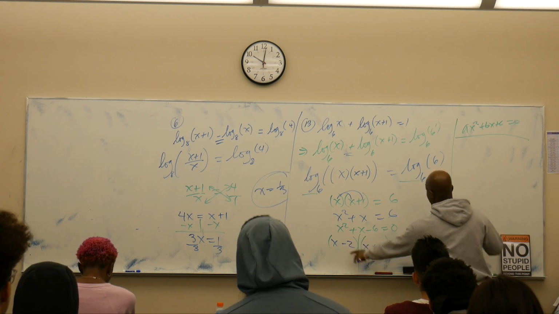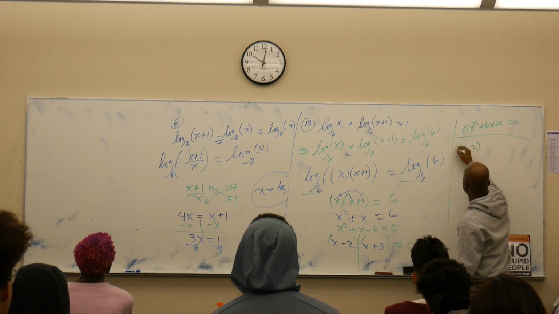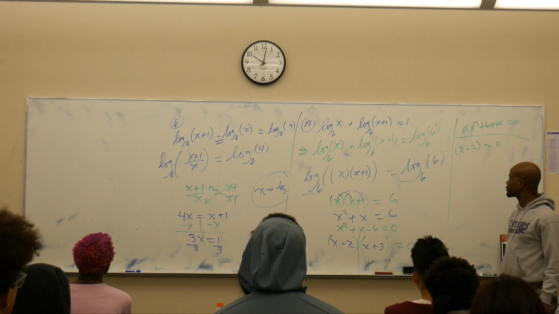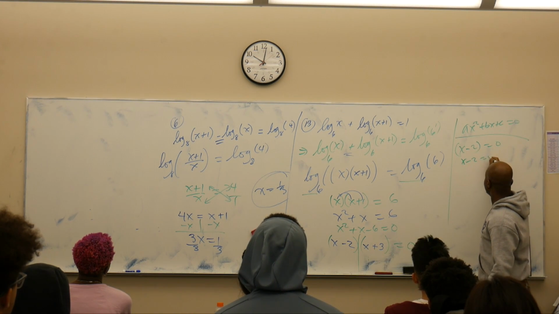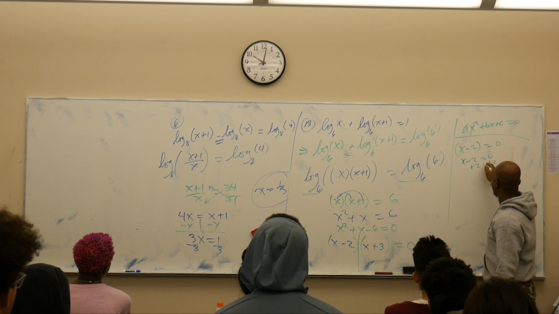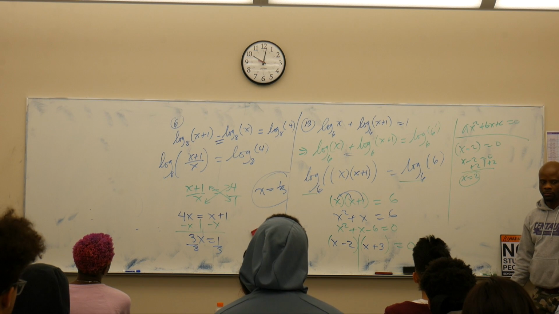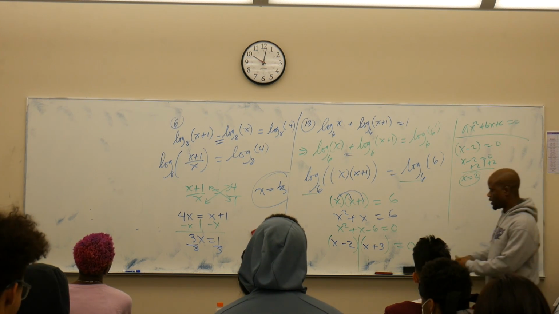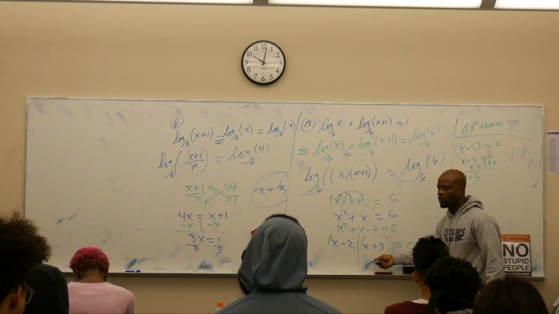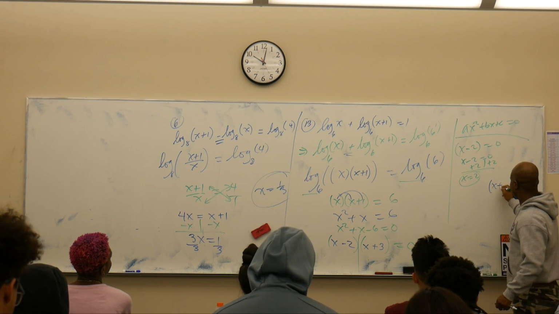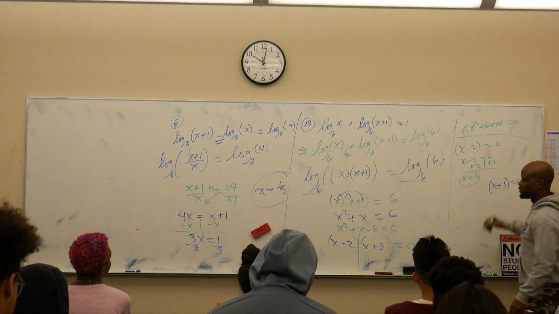So, what if x minus 2 is 0? What if it's the first parenthesis that's a 0? Well, then I got this. I got to add 2 to both sides. If this is true, then x is 2. Well, what if it's this one that is the 0?